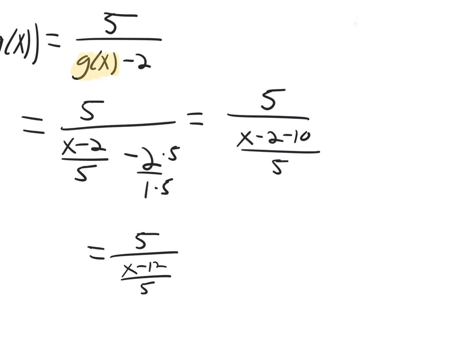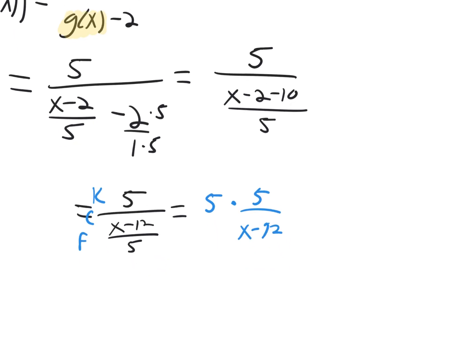And then what do you get when you do a fraction over a fraction? How do you simplify that? You guys remember keep, change, flip? I'm going to keep the top, change division to multiplication, and then flip the last fraction.